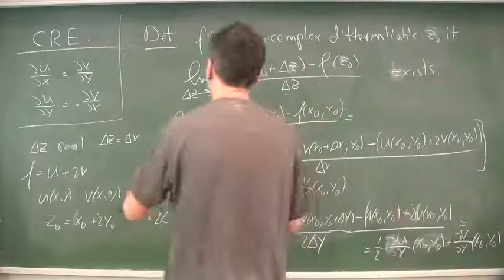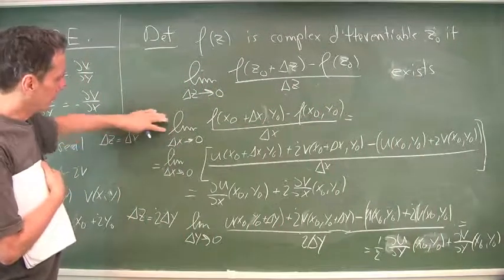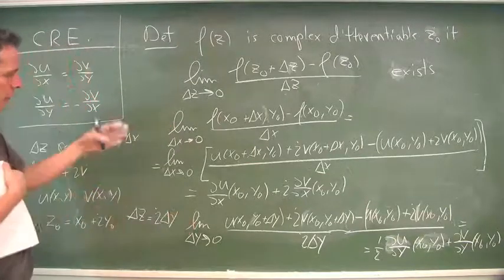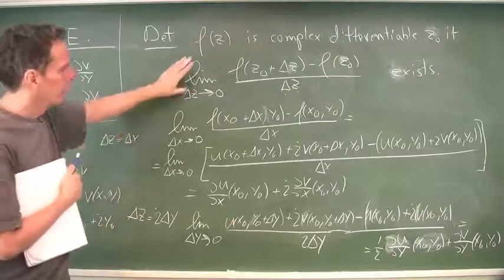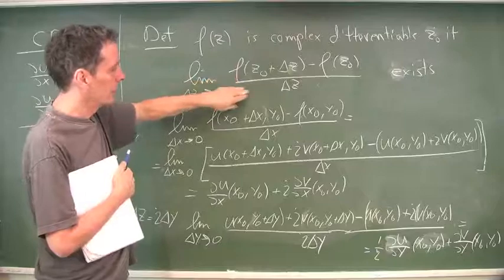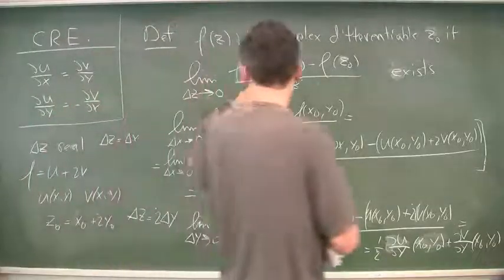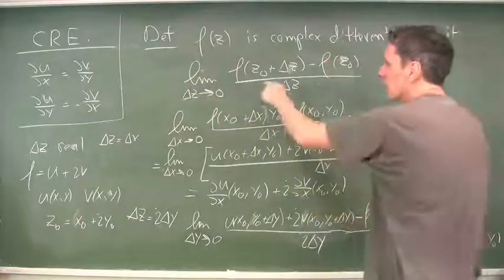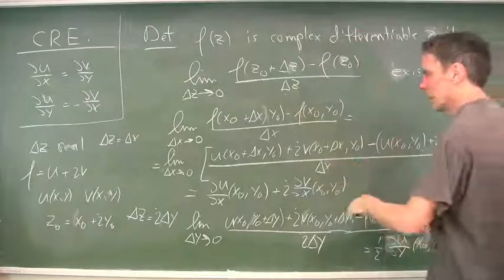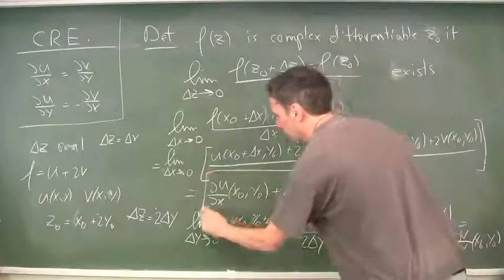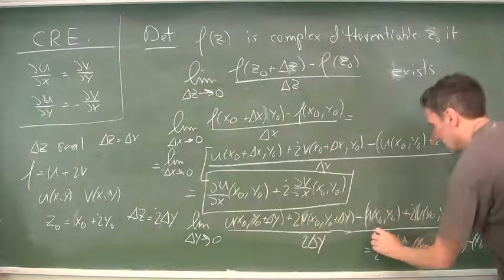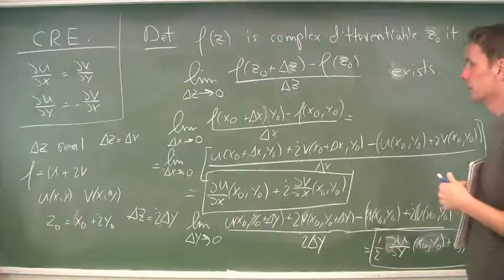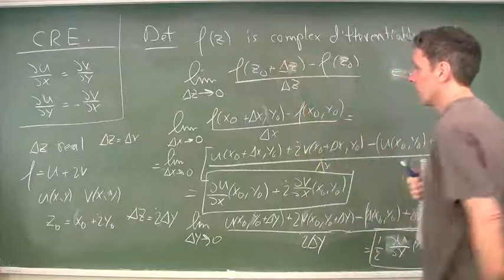So we note that both this computation and the computation we have down here are special cases of what we need to compute in order to establish this limit. We have just taken this limit along the real axis and along the imaginary axis. So if this limit exists, it means that these two expressions must be equal, because they must both be equal to what stands here.